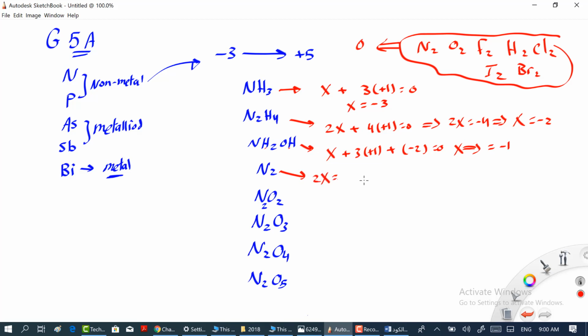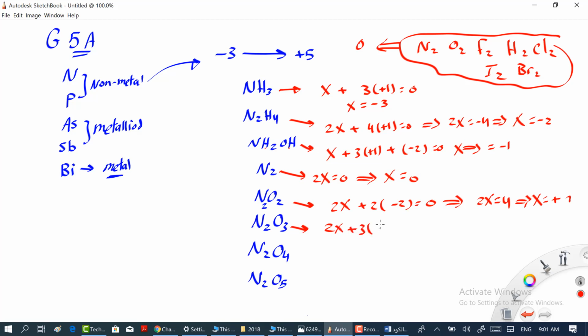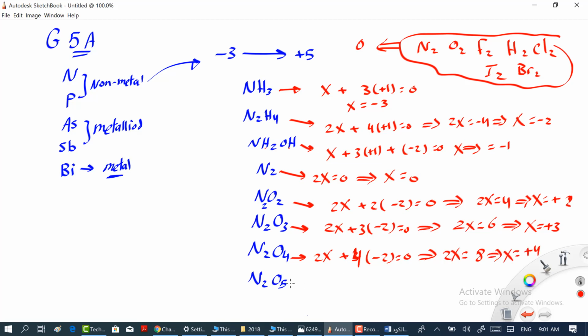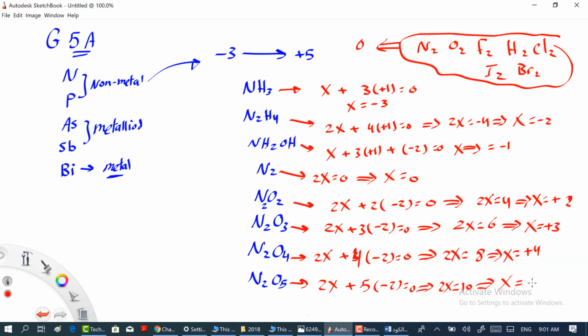So X in this case, 2X equal 0, X equal 0. 2X plus 2 multiplied -2 equal 0, so 2X equal 4, X equal positive 2. 2X plus 3 multiplied -2 equal 0, 2X equal 6, X equal positive 3. 2X plus 4 multiply -2 equal 0, 2X equal 8, X equal positive 4. 2X plus 5 multiply -2 equal 0, 2X equal 10, X equal positive 5.